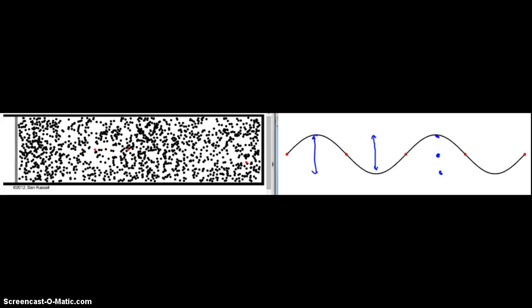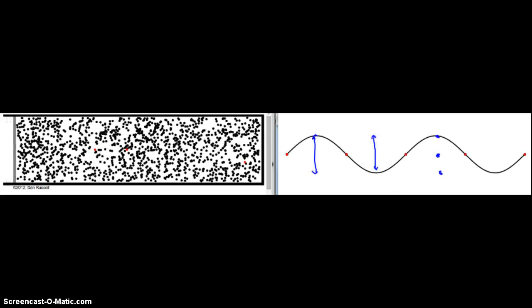For example, on this standing wave, the particle located right here always has the maximum oscillation, the largest displacements. And the particle located right here also always has the maximum oscillation. The same goes for the particle located right here. It moves up to this position and down to that maximum position. And there's a fourth as well.